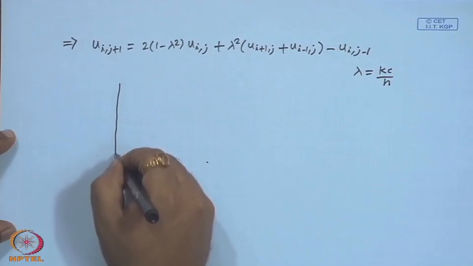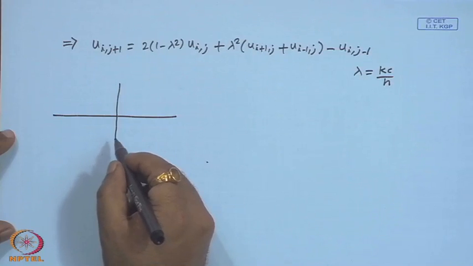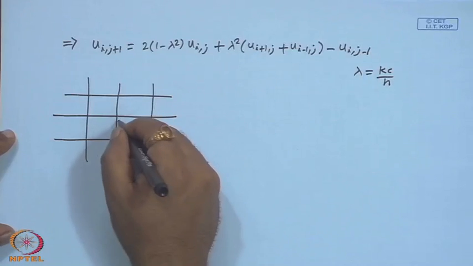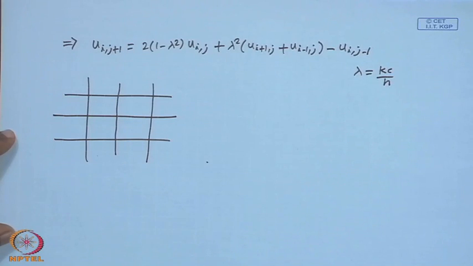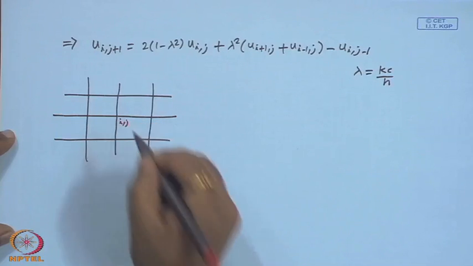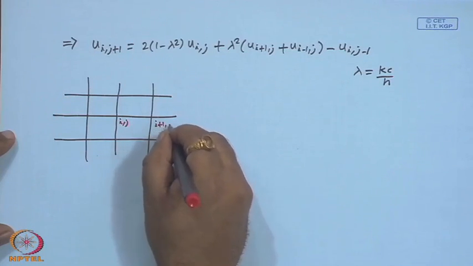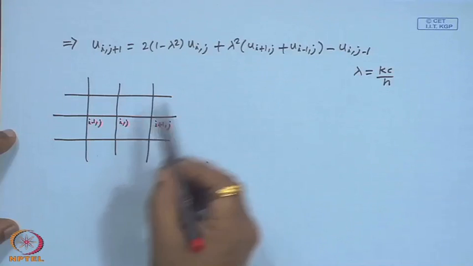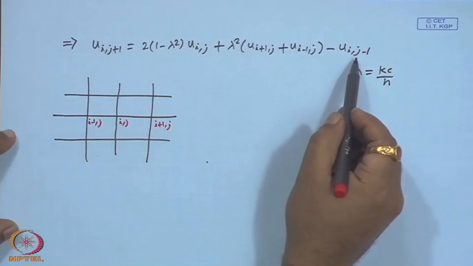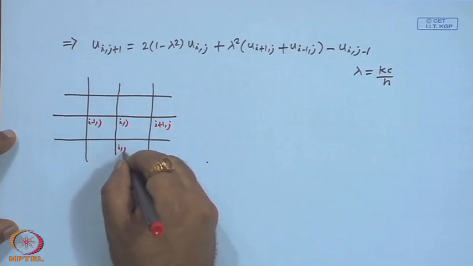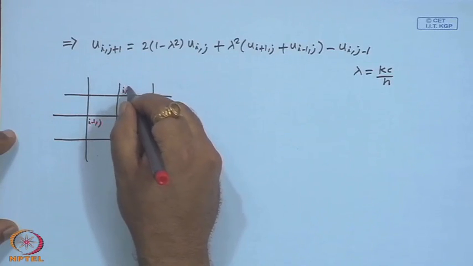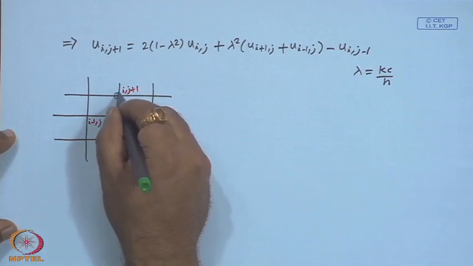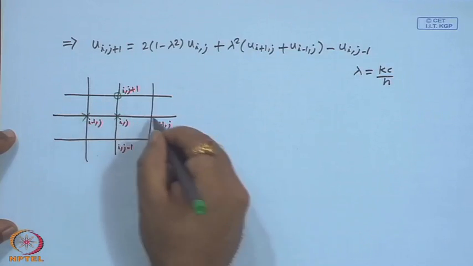The grid is as follows, with points (i, j), (i plus 1, j), (i minus 1, j), then (i, j minus 1). We are looking for the value here.